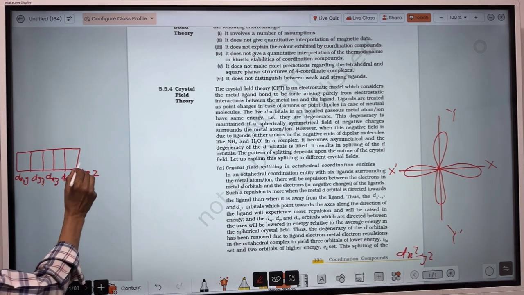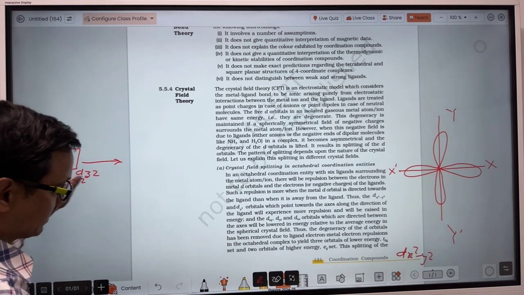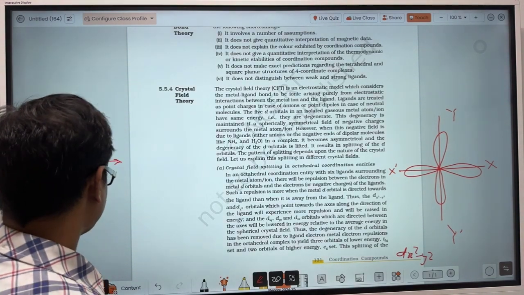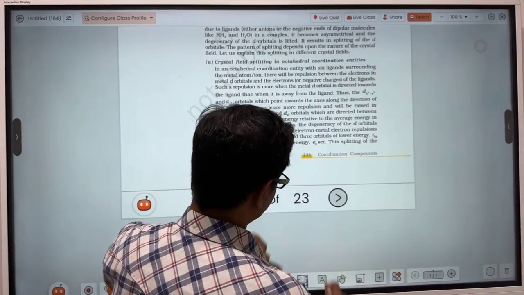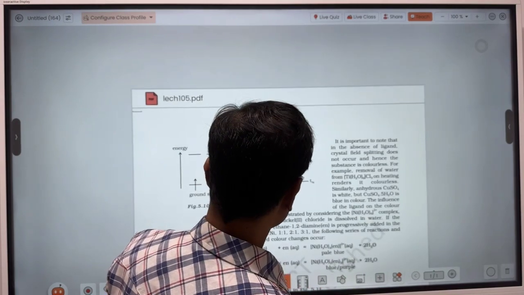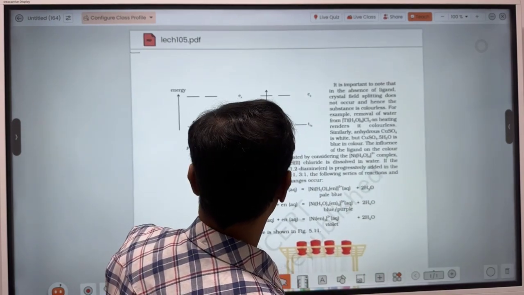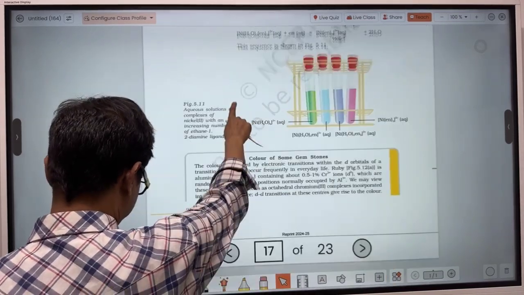When the ligand approaches towards the d orbital, let's see here, another page. When the ligand approaches towards the d orbitals, then the degeneracy of the d orbitals does not maintain for a longer period.